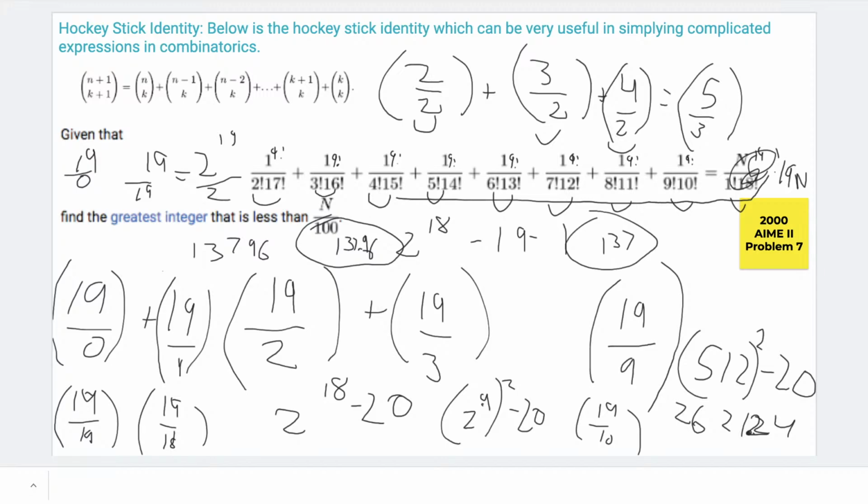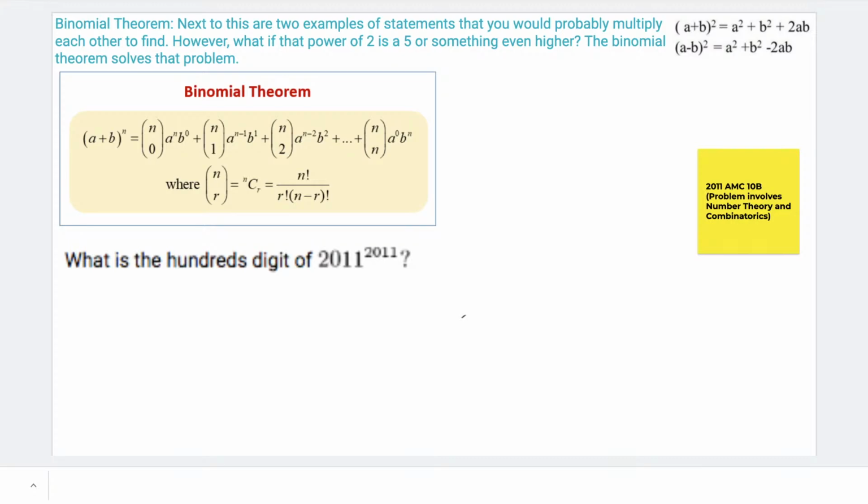Now, the binomial theorem is very useful if you have something like a plus b and you want to raise it to a huge power. Pretend we have a plus b squared.